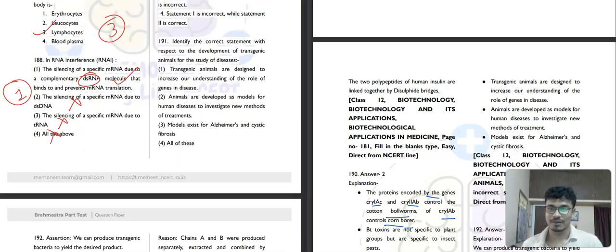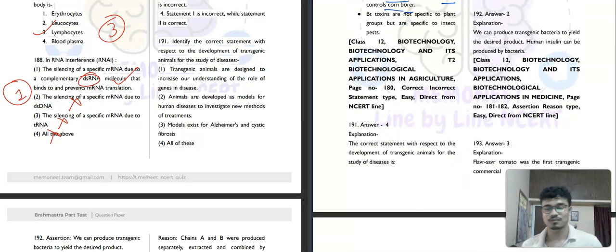Question number 191. Identify the correct statement with respect to the development of transgenic animals for the study of disease. Transgenic animals are designed to increase our understanding of the role of genes in disease, correct?